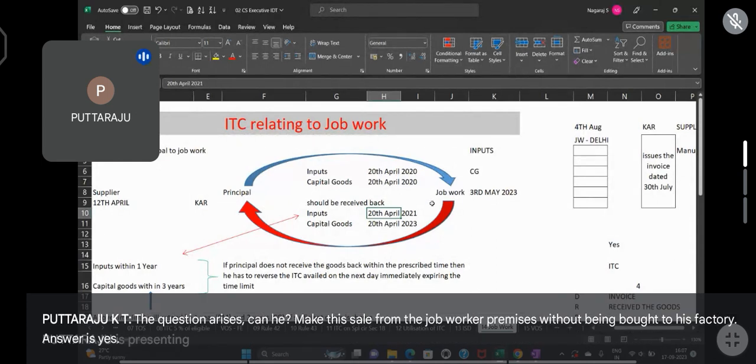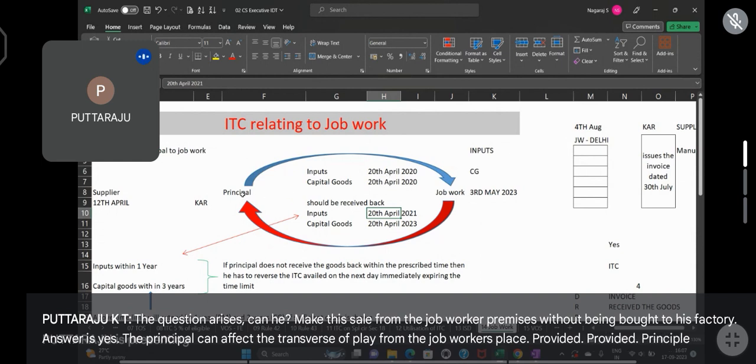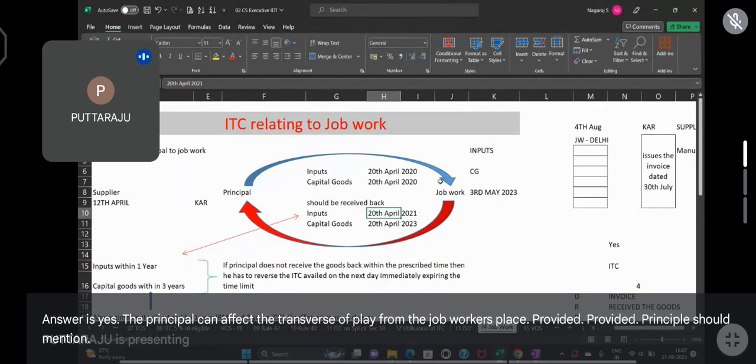The principal can effect the transfer supply from the job worker's place, provided principal should mention job worker's place as his additional place of business.